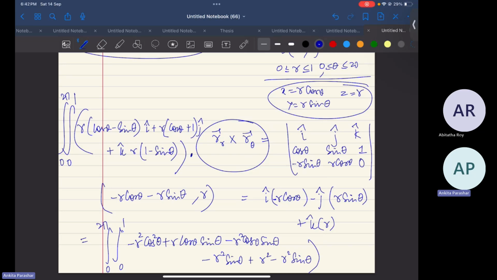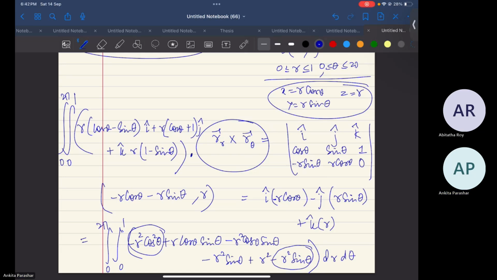I might not be making any mistake, but you can point out later. So minus r square cos theta and minus r square sin theta, they gave me minus r square, and that will get cancelled, I think.